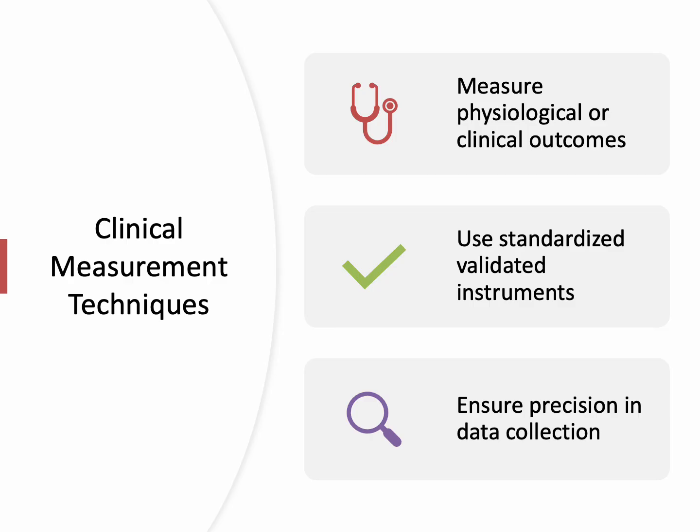For instance, using the same blood pressure monitor across multiple clinics to avoid variability. Validation confirms instruments measure the intended outcome, such as a scale accurately capturing pain levels rather than general discomfort. Precision is critical. Even small errors can skew results, impacting conclusions on treatment effectiveness or social program outcomes.